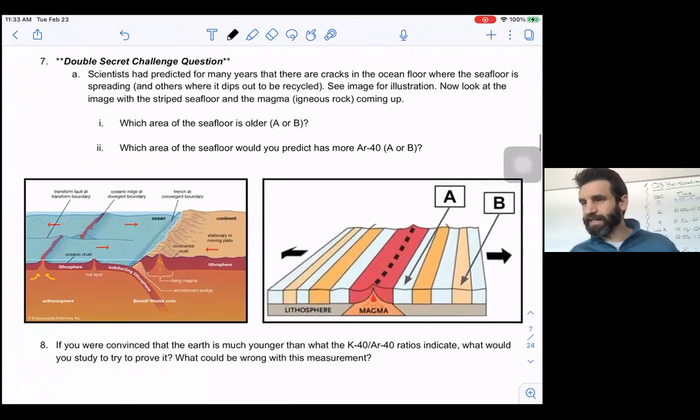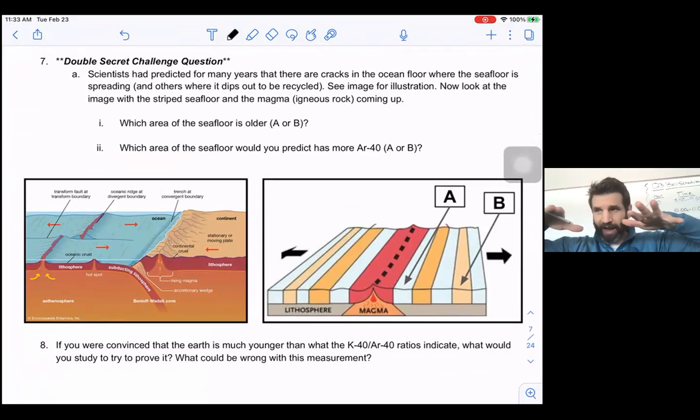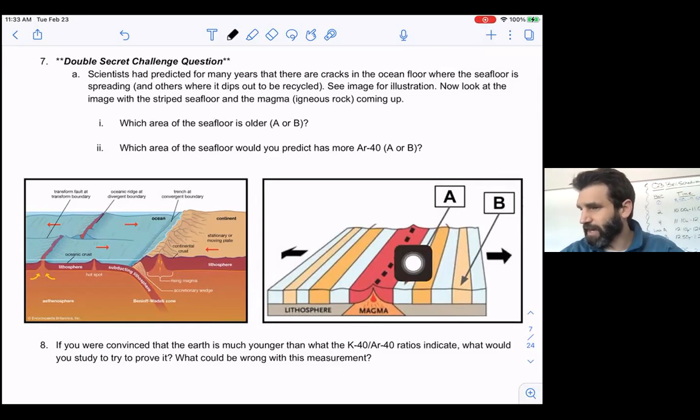Scientists had predicted, prior to learning about this decay of potassium and the age of igneous rocks, for many years that there are cracks in the ocean floor where the sea floor is spreading. New magma has pushed up and the sea floor spreads. That's demonstrated here where the magma pushes up and the sea floor spreads out.